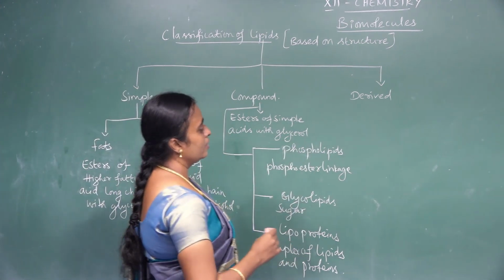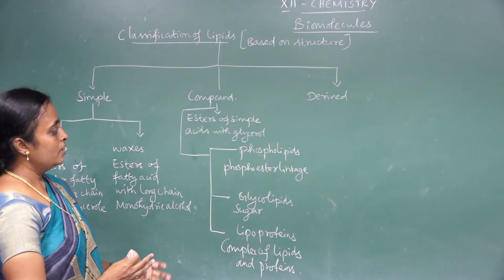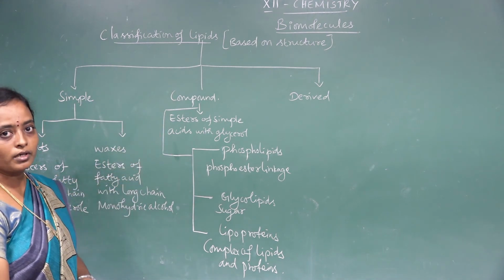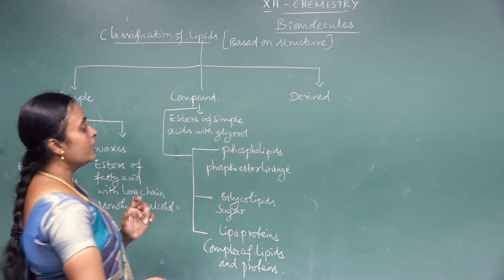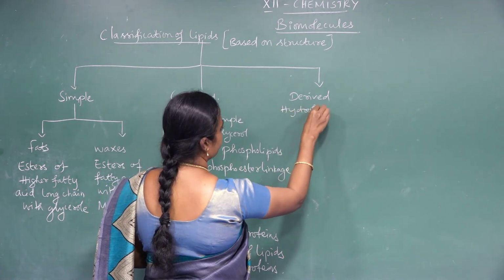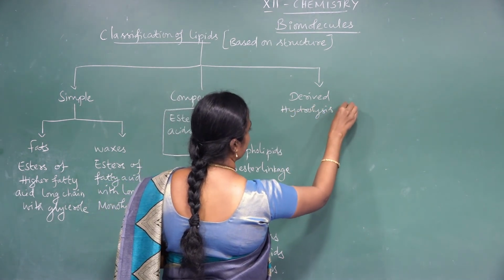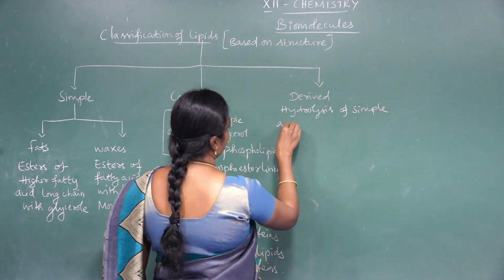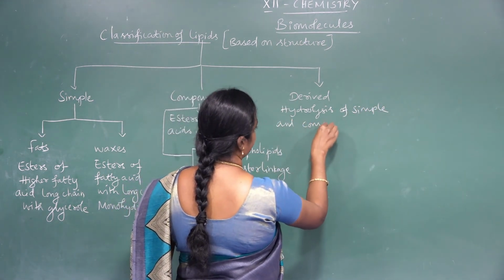Whereas if you take derived lipids, we get derived lipids from simple and compound lipids. How do we get them? By hydrolysis of simple and compound lipids.